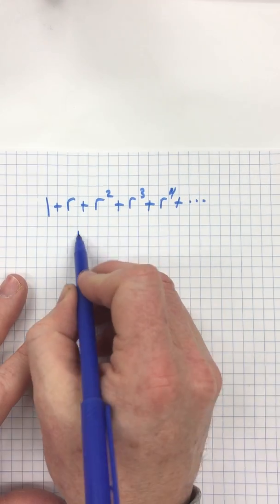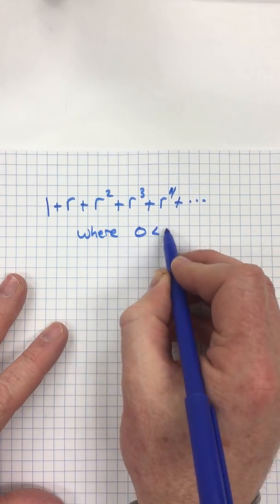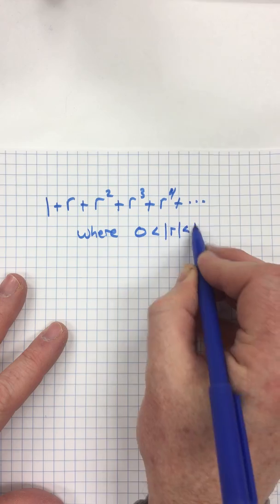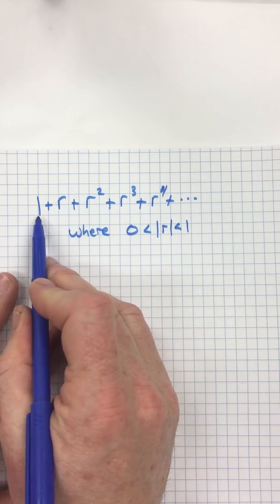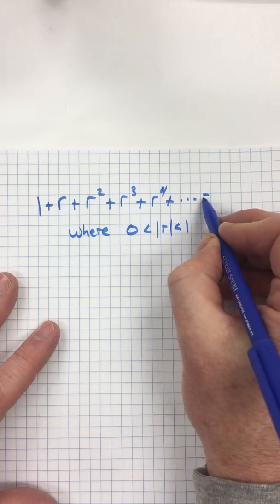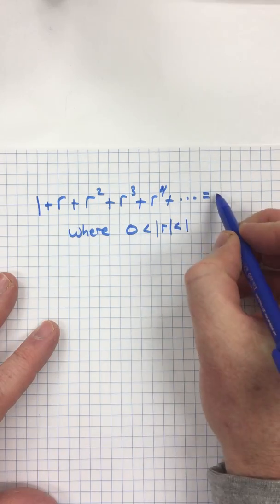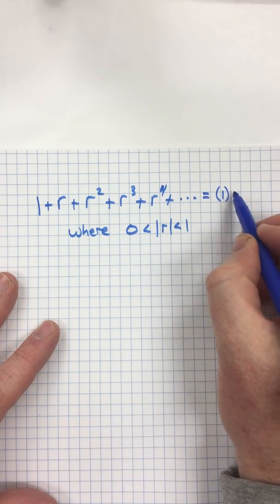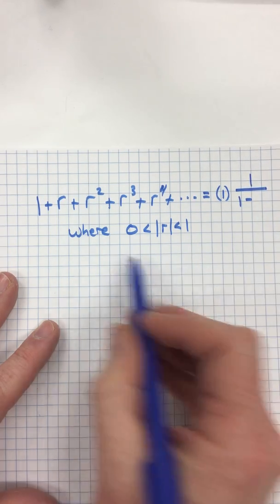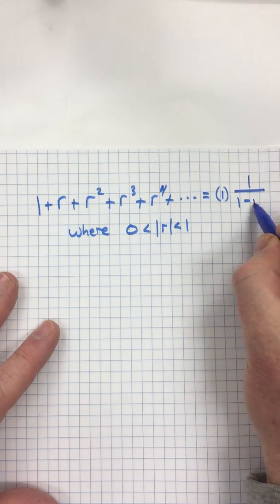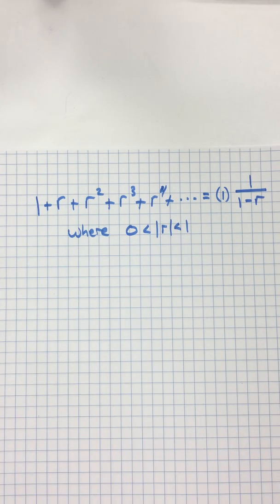Now, if I were to tell you that in this geometric series, R obeys the rule for convergence, then we could say this general geometric series will be equal to the first term, which is 1, times the reciprocal of 1 minus the common ratio. And here our common ratio, well, that's obviously R.